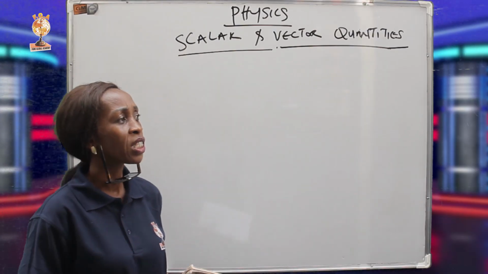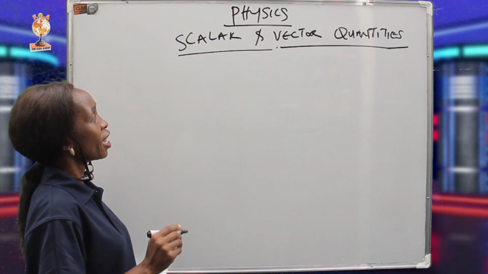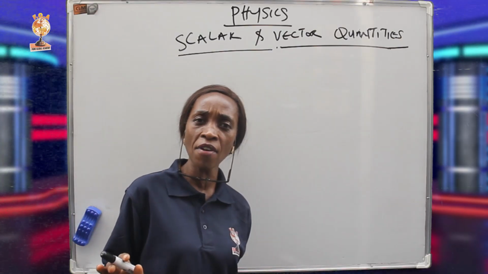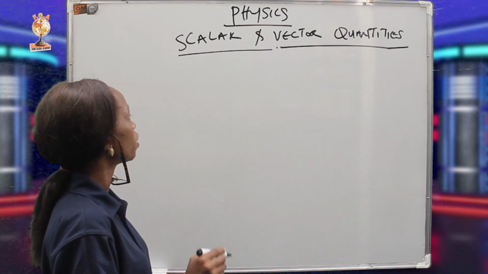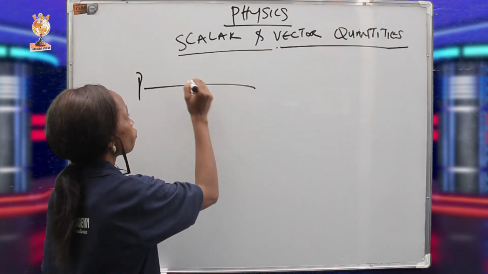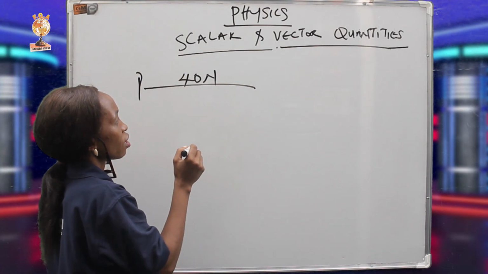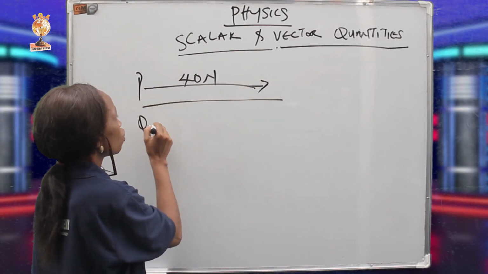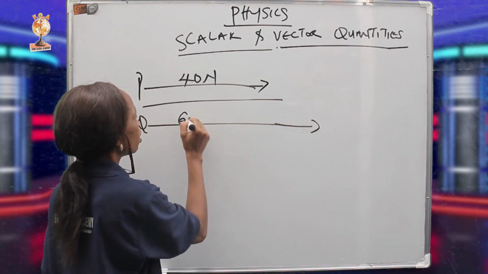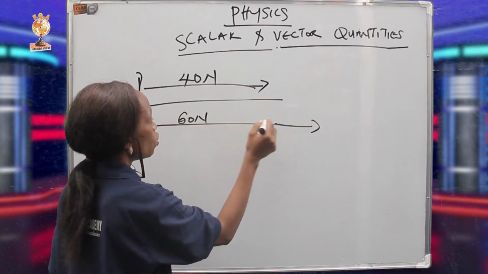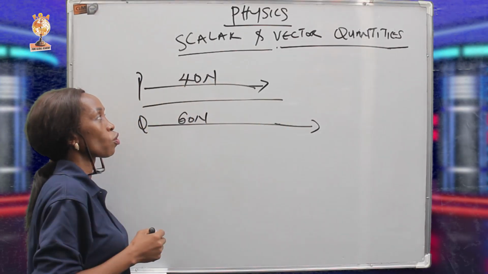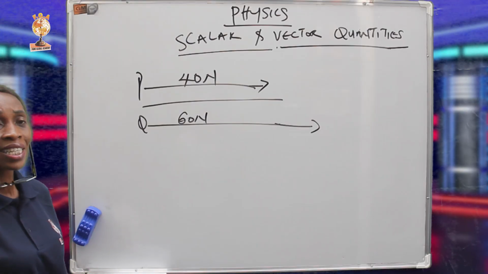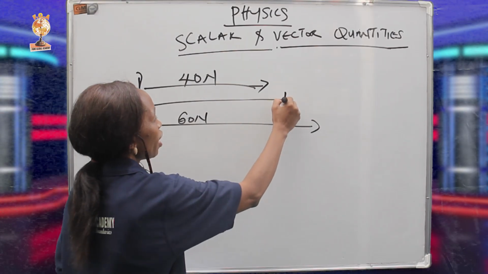Now, let's take for instance, if you have two vectors that are moving in the same direction. Take for instance, vector P is going 40 degrees north, and vector Q is moving in the same direction. Let me just say the force acting on vector P is 40 Newton, and the force acting on vector Q is 60 Newton, and I'm asked to find their resultant.